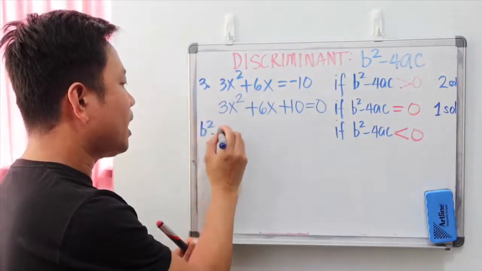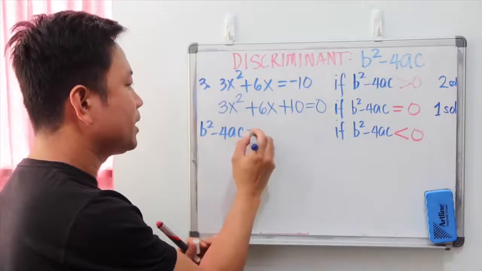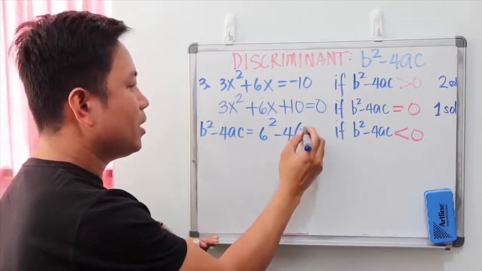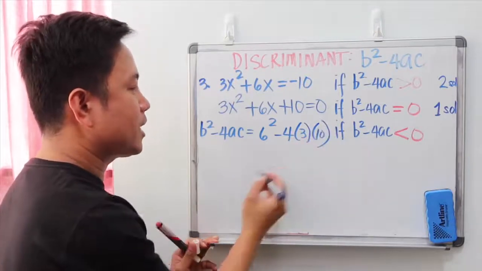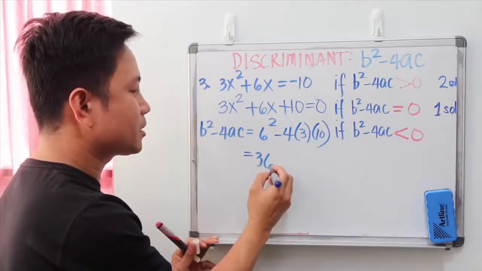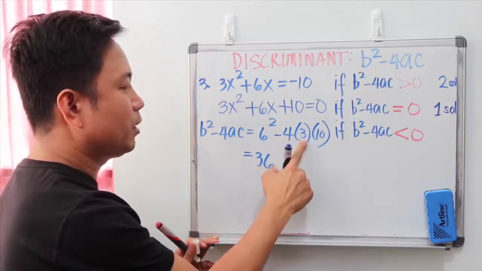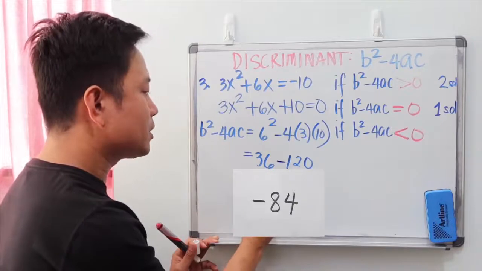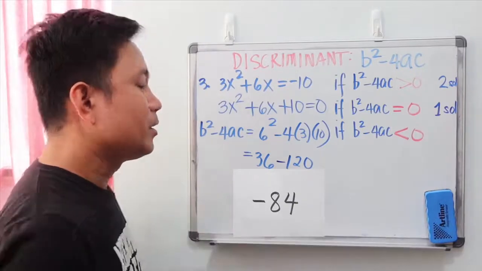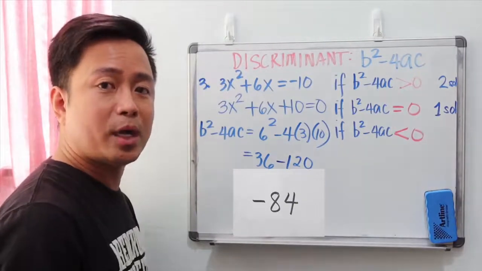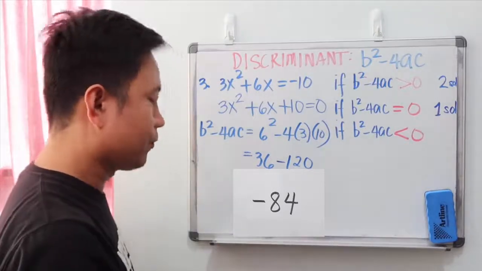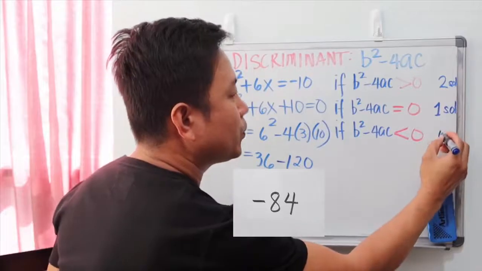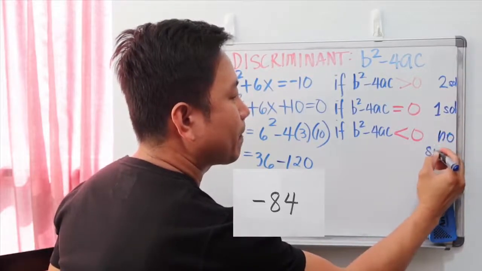Plug in the a, b, and c values: we have 6 squared minus 4 times 3 times our c, which is 10. That gives us 36 minus 120, because 4 times 3 is 12, times 10 is 120. And 36 minus 120 is negative 84. Since our discriminant is negative, which is less than 0, this means that this quadratic equation will have no real solutions.